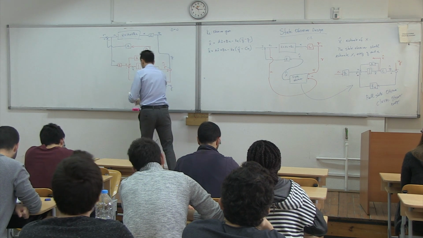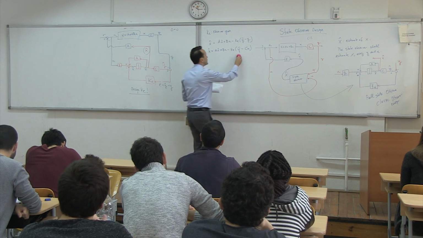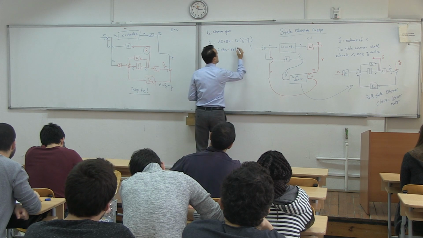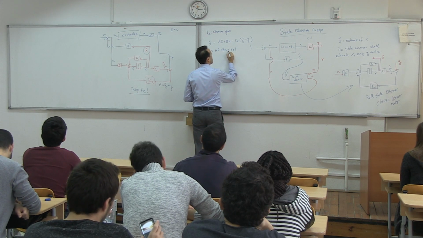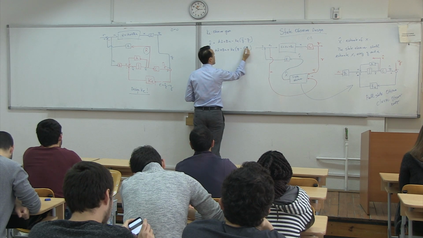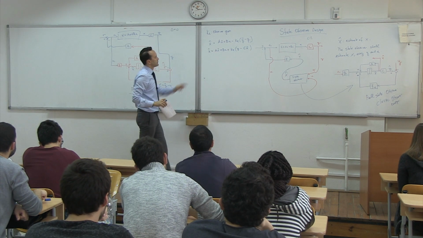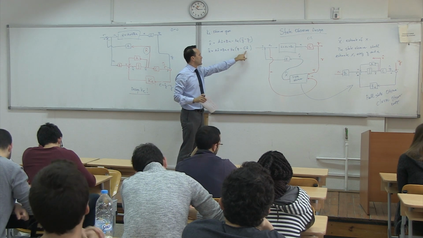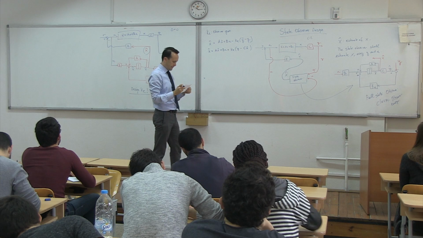Let me not do that. Let me actually do this. We can do a plus over here, y minus c times x hat. Sorry, that's better. Okay, put a plus over here, flip these over, and this one is c times x hat.